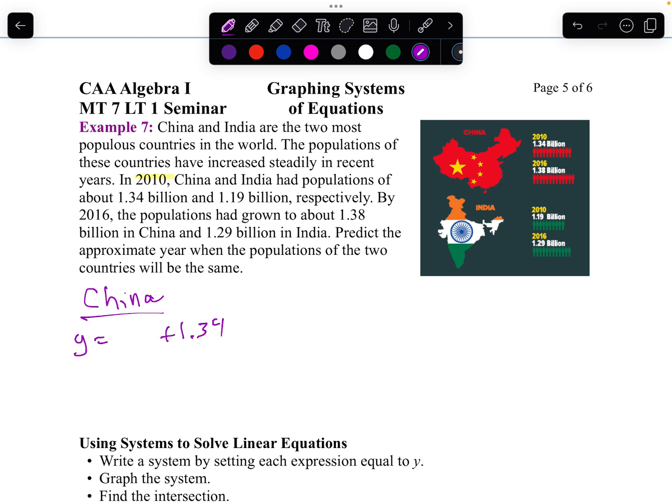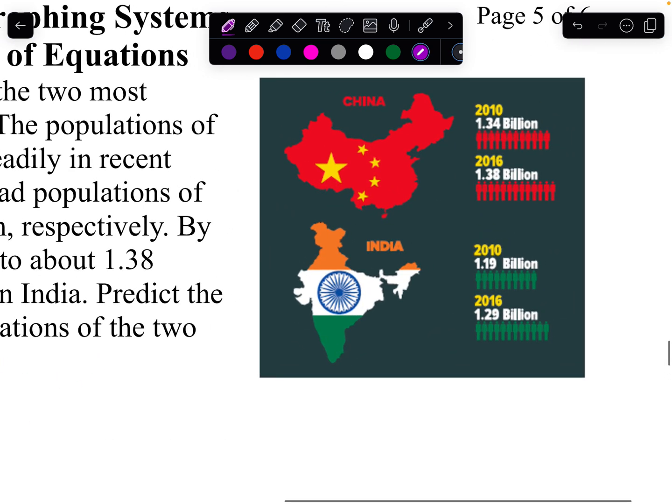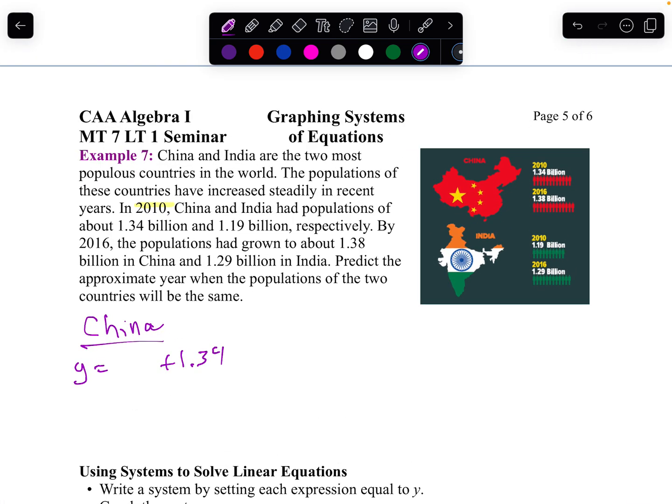Now if we take a look here, from 2010 to 2016, it went up about 0.04 billion, didn't it? Because 1.38 minus 1.34 is 0.04. So we're going to say 0.04, but it took 6 years to do that, so I'll divide by 6. I'm going to rewrite that because that looks like there's a negative there.